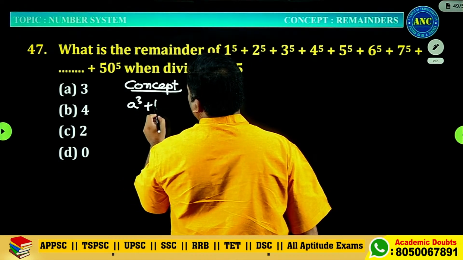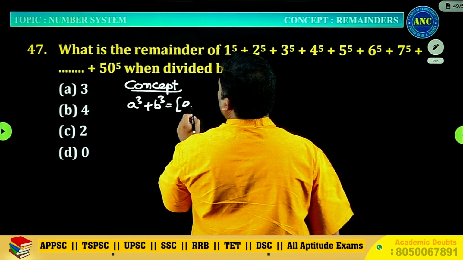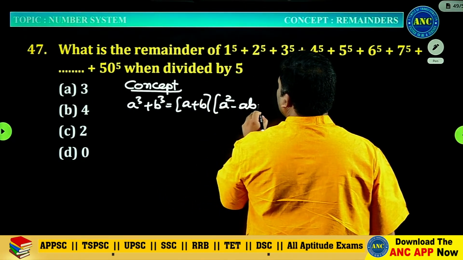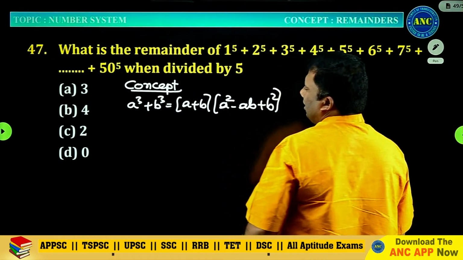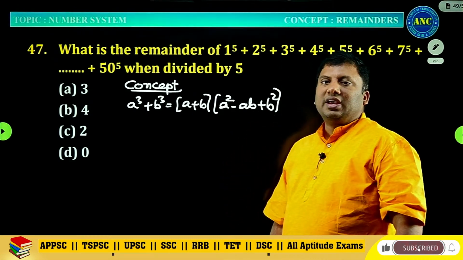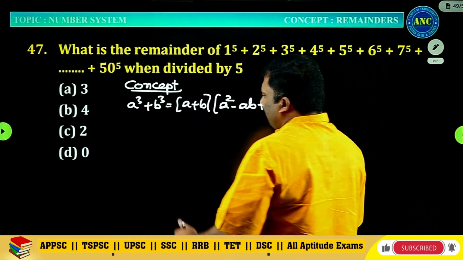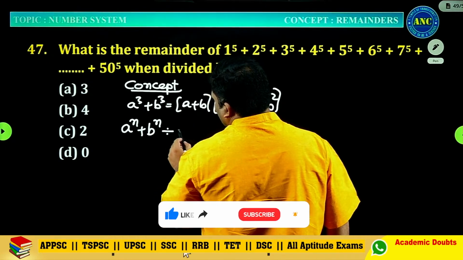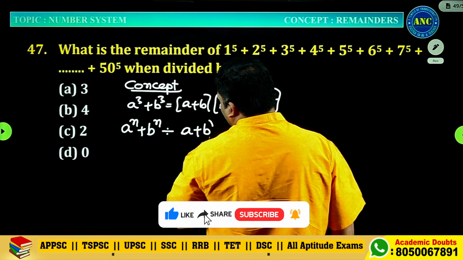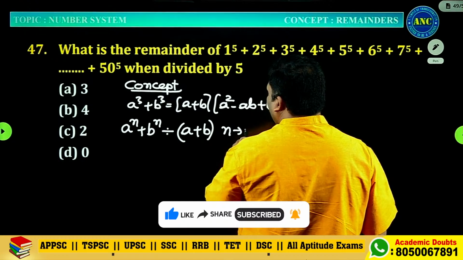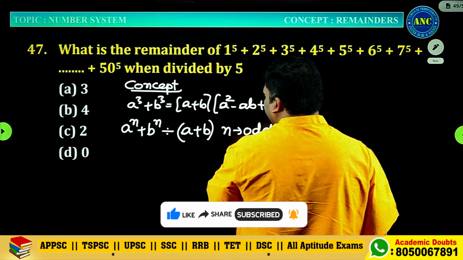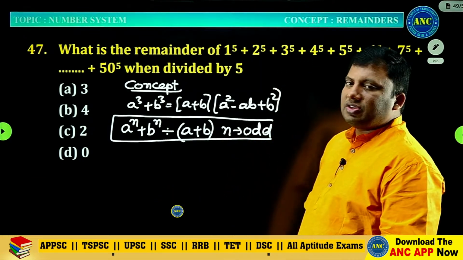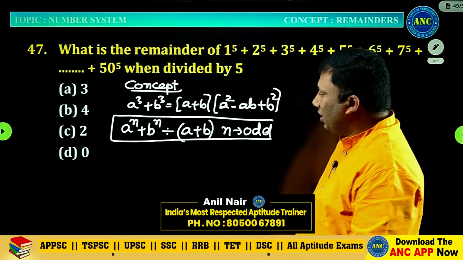a cube plus b cube is a plus b into a square minus ab plus b square. A very, very important concept: a^n plus b^n is always divisible by a plus b when n is an odd number.